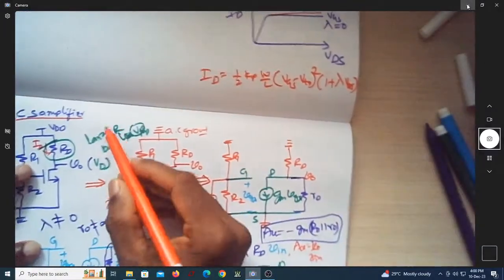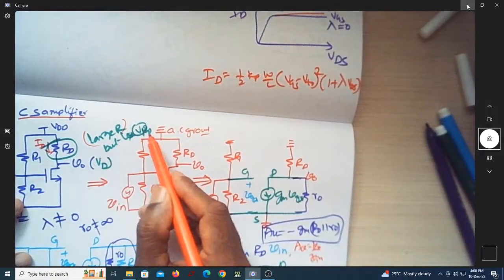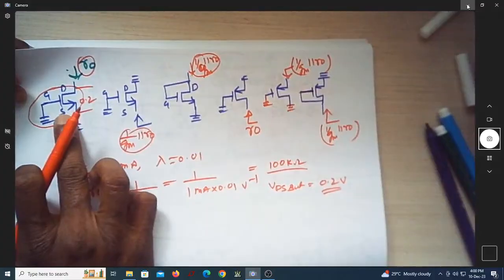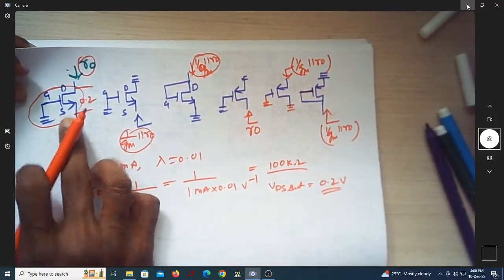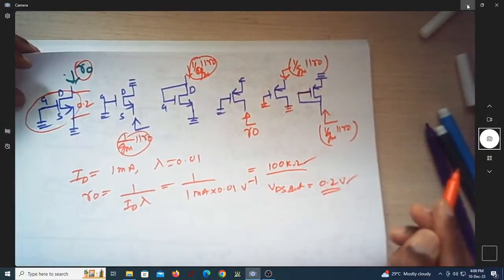Now the problem was the requirement of large resistance but lesser drop. Did we achieve it using this type of configuration? Is it not offering very large resistance? Is it not consuming very small voltage?